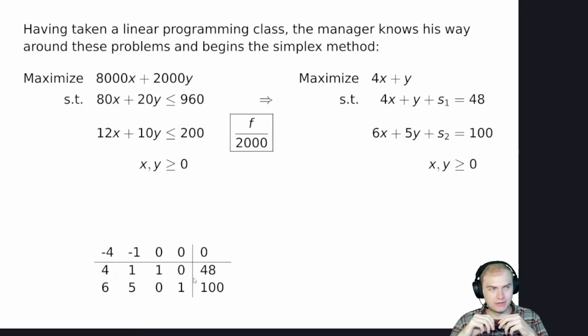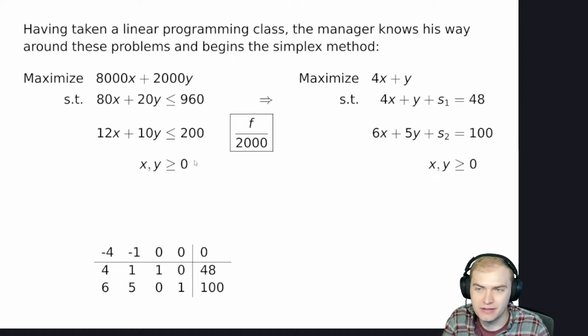The manager of our woodworking shop knows his way around LPs, so he's going to do the simplex method. And the first thing he does is simplify the LP just by dividing everything by a constant to get smaller coefficients. And then he does the simplex method.